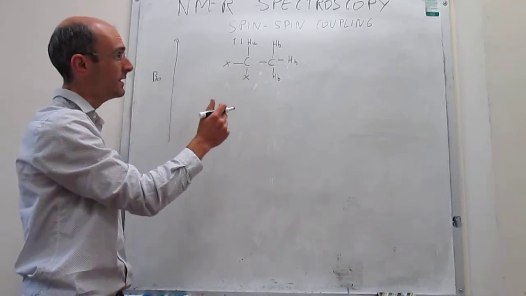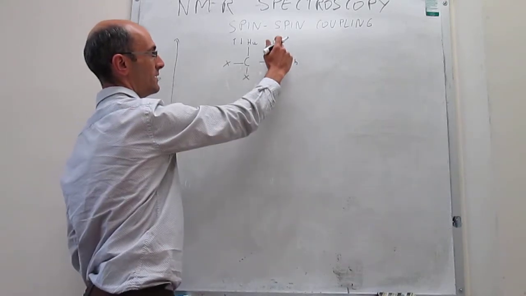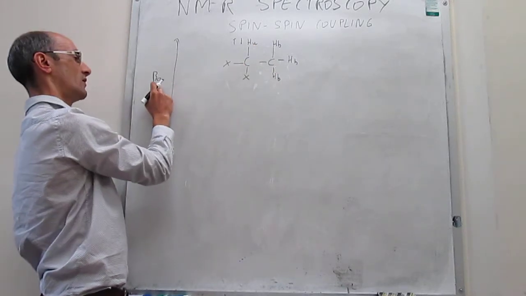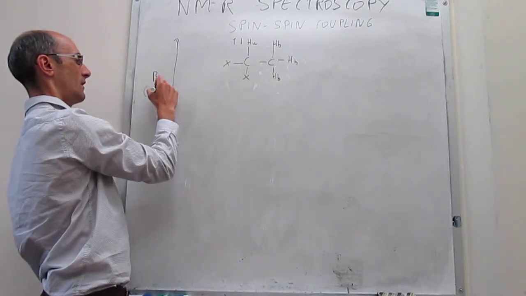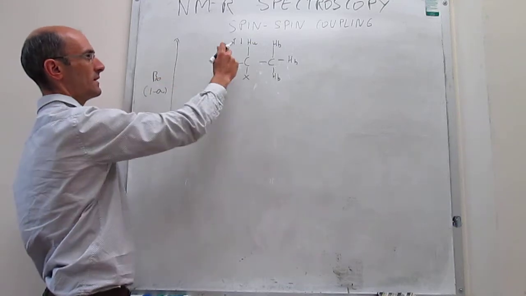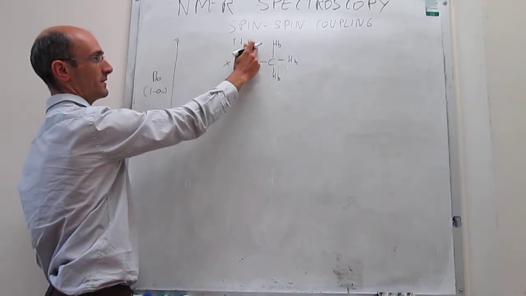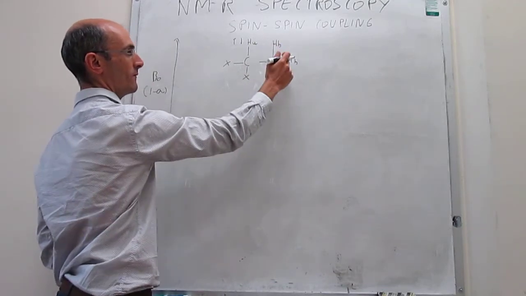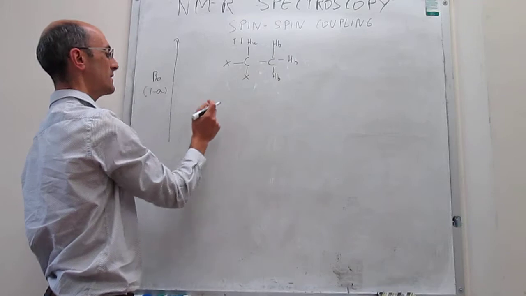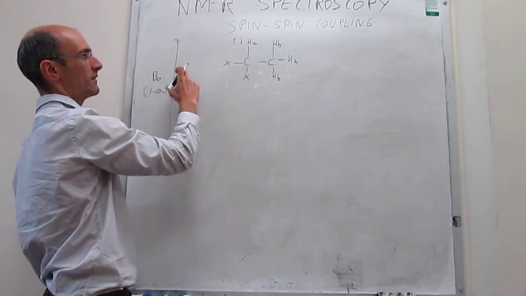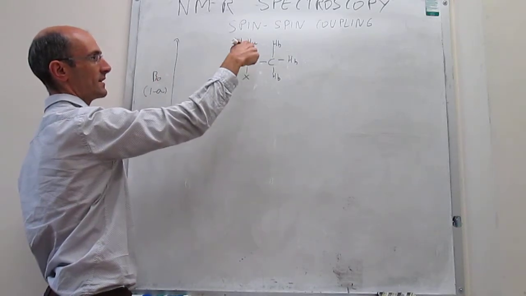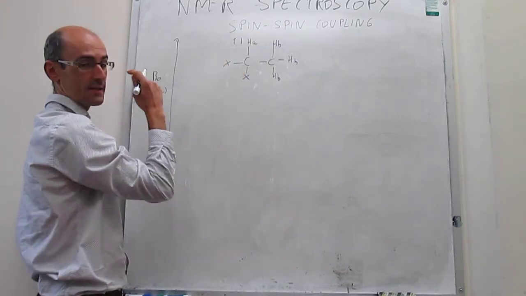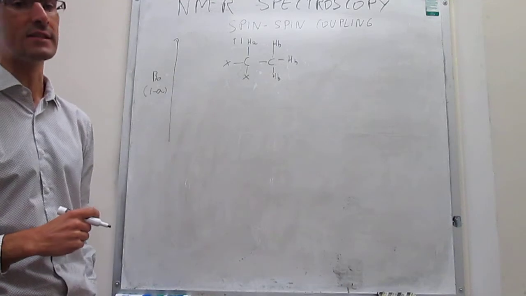What that means is that the nuclei in HB see an overall field that is, 50% of the time, the external magnetic field modulated by the electronic environment plus the contribution of a spin-up HA, and 50% of the time the external magnetic field plus a negative contribution from the protons spinning such that the induced magnetic field is pointing down.